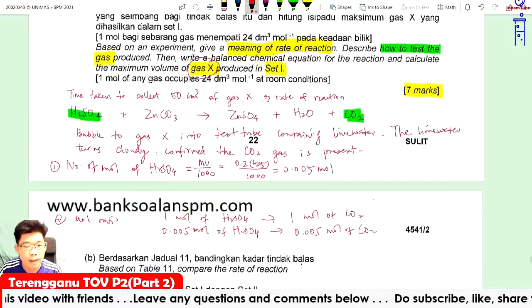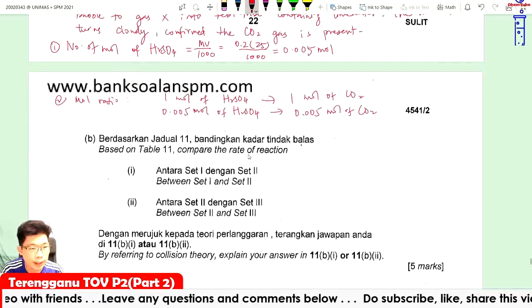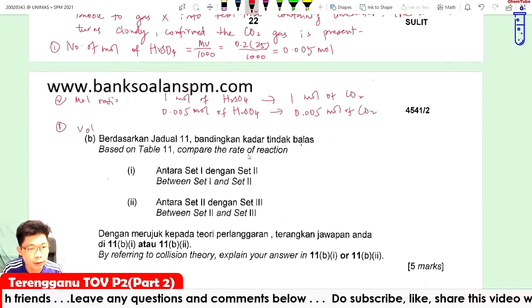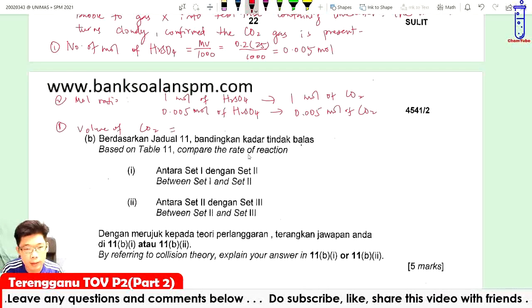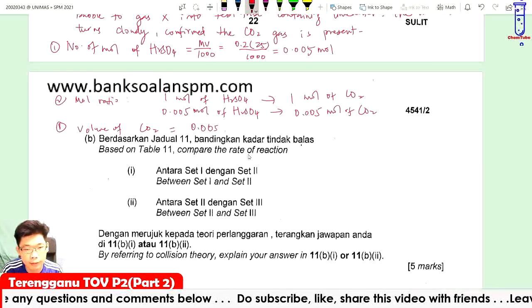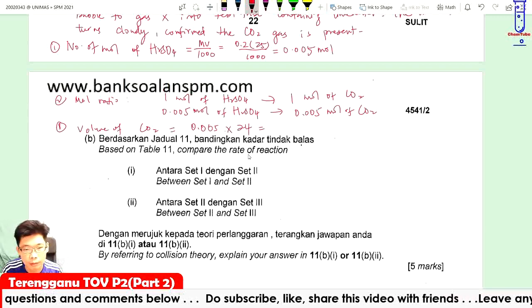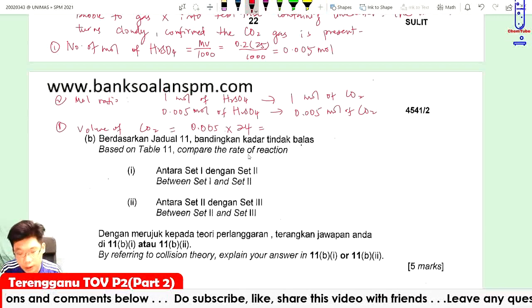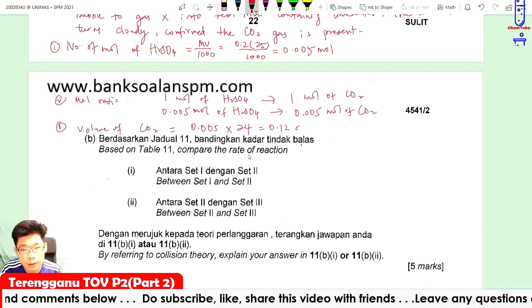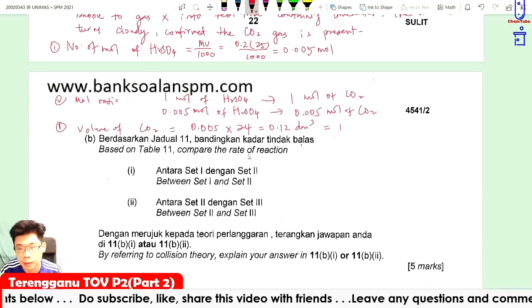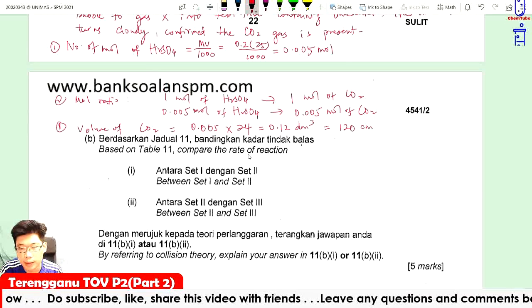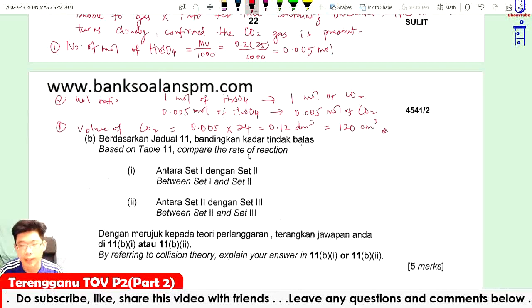So the volume of carbon dioxide gas will be 0.005 times the molar volume, 24, so you will get 0.12 cubic decimeter. If you want to change to cubic centimeter, it will be 120 cubic centimeter.